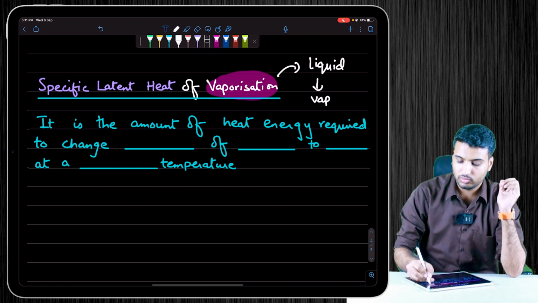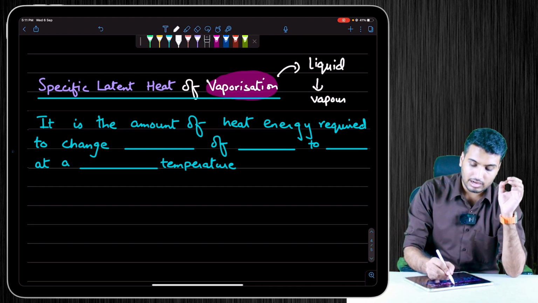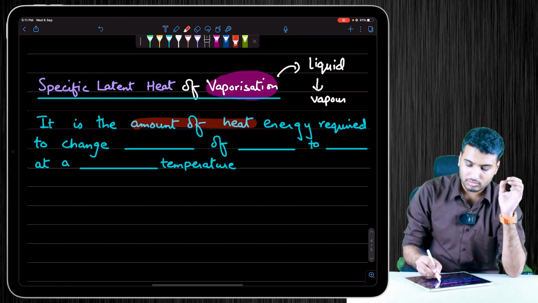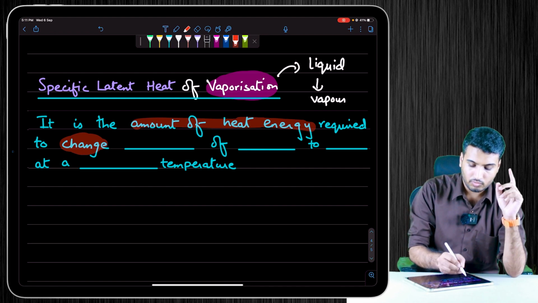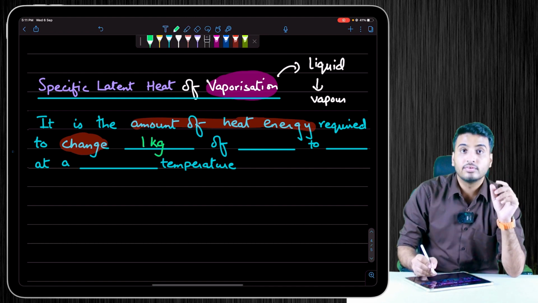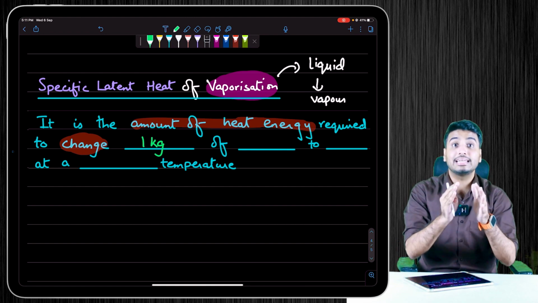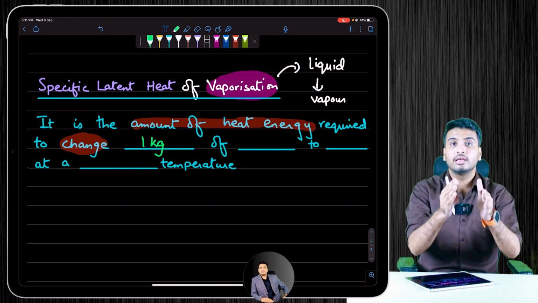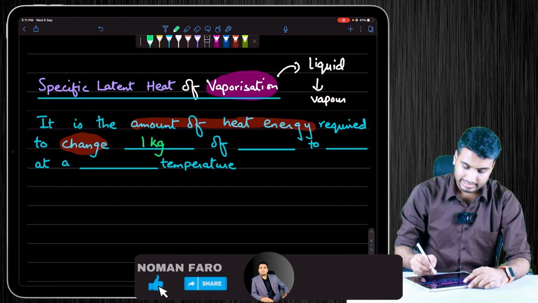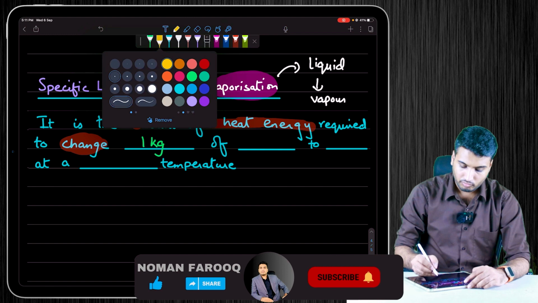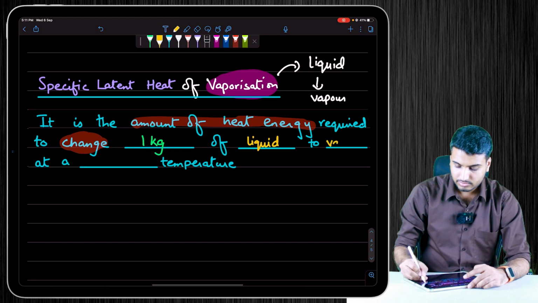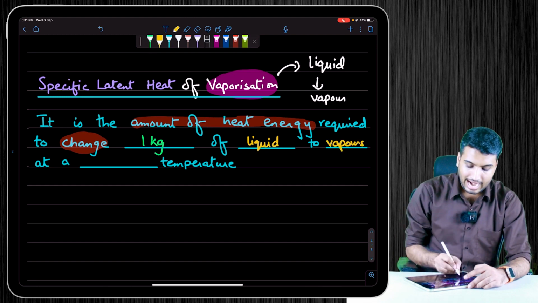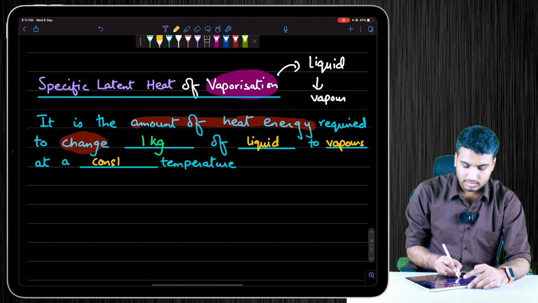So it is the amount of heat energy required to change 1 kg of, in this scenario, liquid to vapors, at a constant temperature.